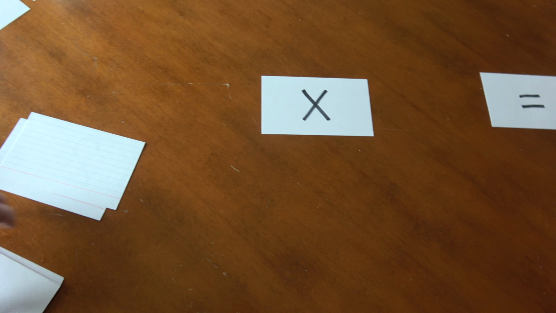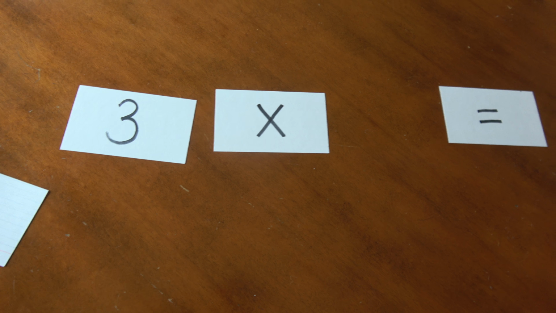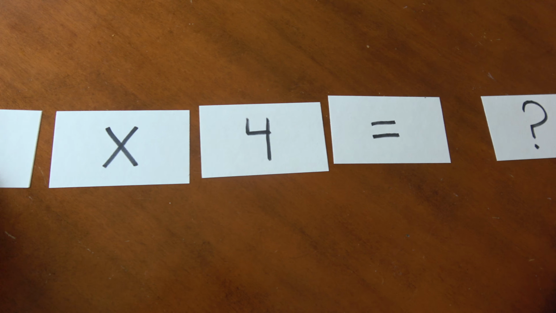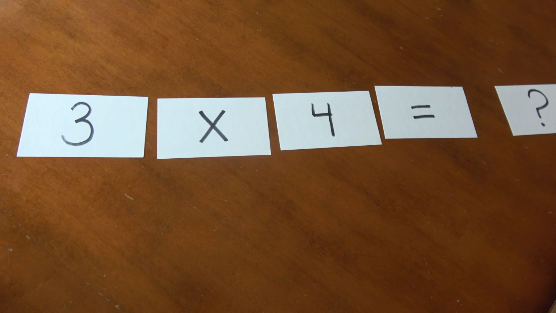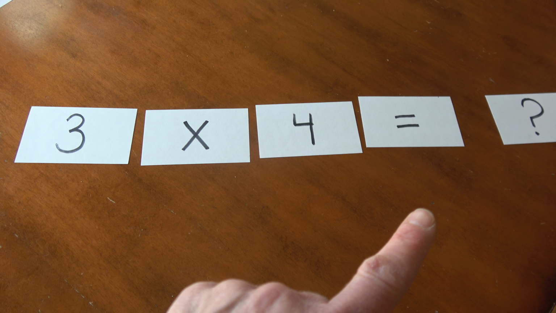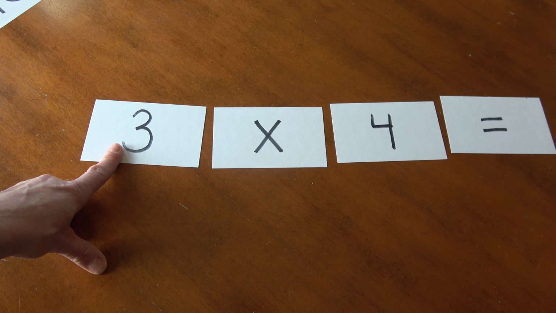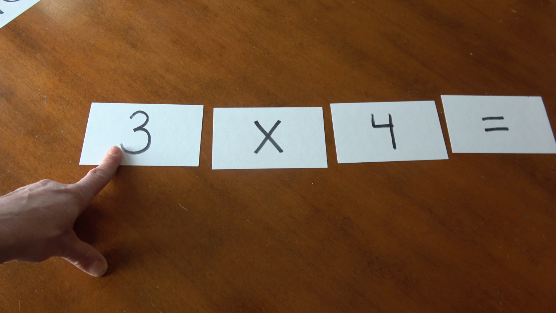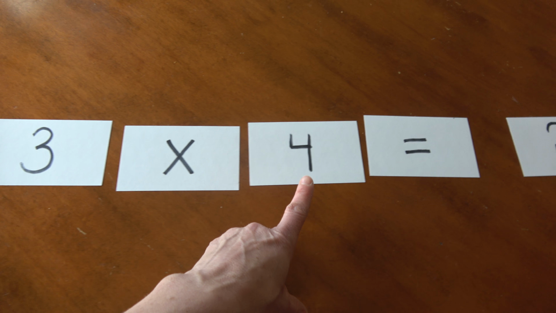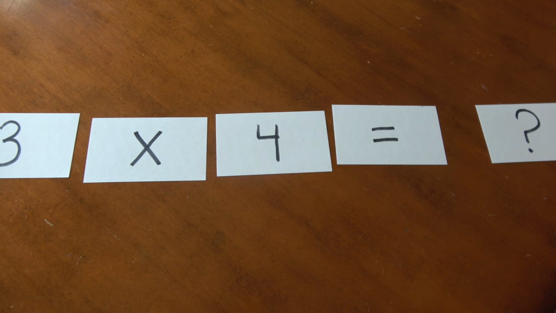This time, we will try the problem 3 times 4. So I'm trying to find 3 times 4. What does that equal? 3 tells me how many trips I'm going to make. I'm going to make 3 trips. Each trip, I'm going to bring back 4 objects. Ready?